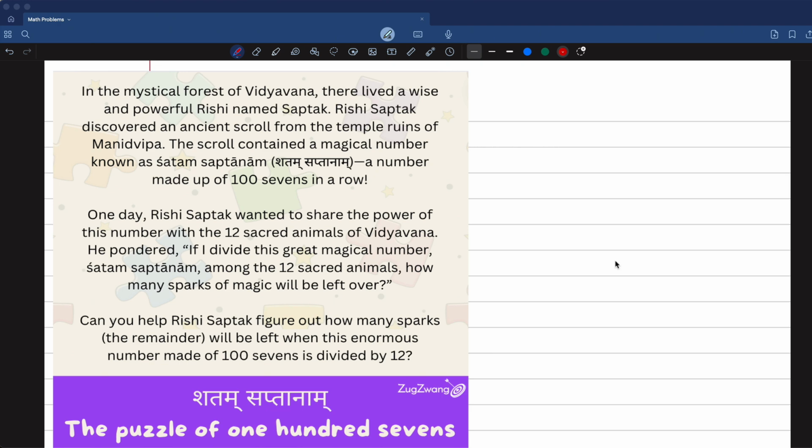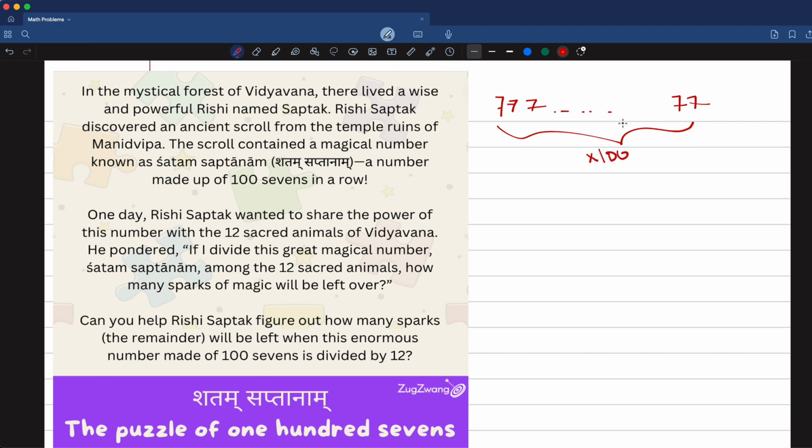100 sevens written in a row, a 100-digit number made entirely of sevens. 7, 7, 7. It keeps going all the way to 7, 7, 100 times.